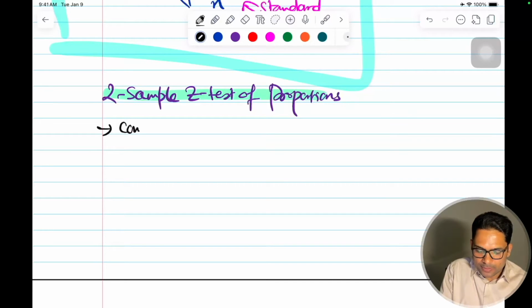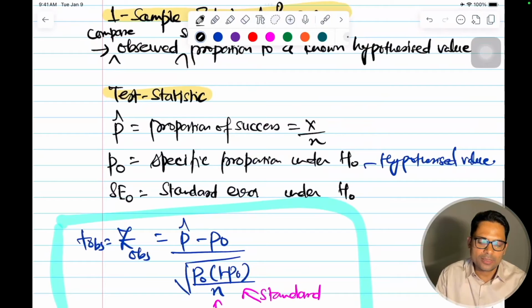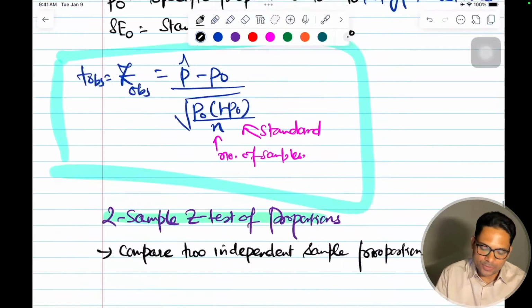This is to compare two independent sample proportions. Both values are coming from two different samples. Earlier, one side was from the sample and the other was hypothesized. That's the difference.